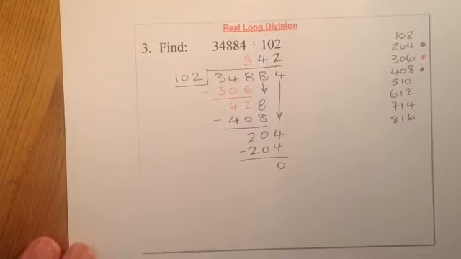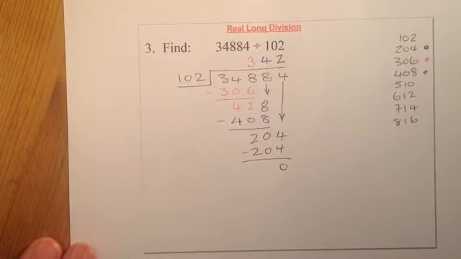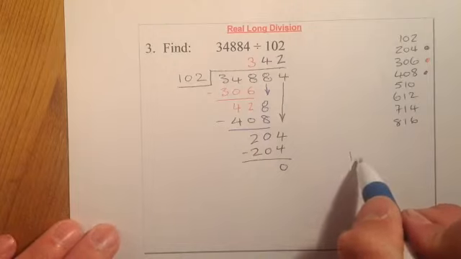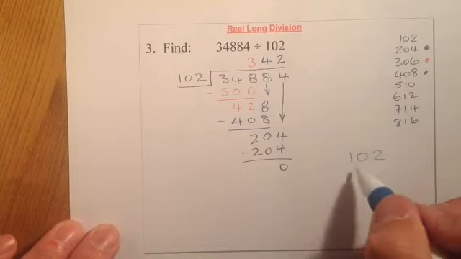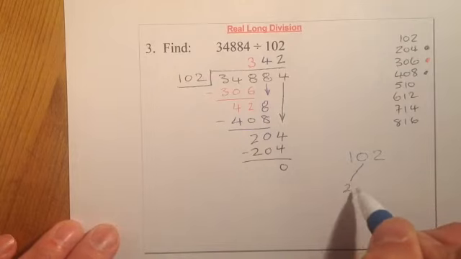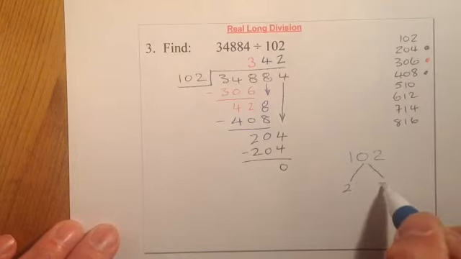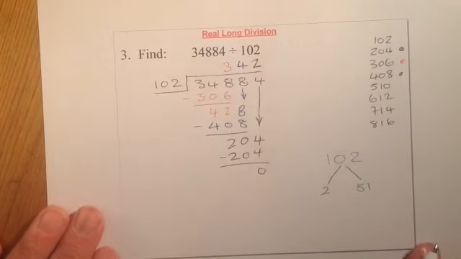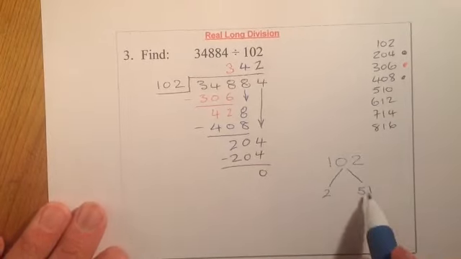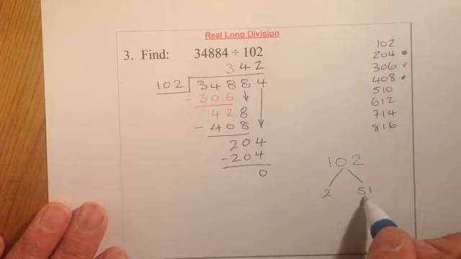If I look back at the questions that I've got here, so question 3, we were dividing by 102. So I know that 102 it's an even number, so I know that what we could use is we could use 2 and divide that out. That should give me 51. So I could do 2 and then I could divide by 51 if 51 was an easier number to use. Or what I could do is I could split 51 into 2 different numbers.